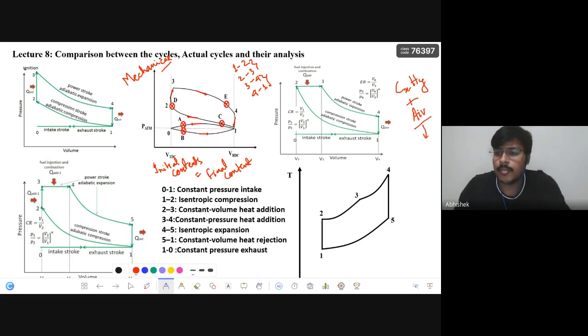When this is combusted, if there is complete combustion, there will be CO2 and H2O. But if there is incomplete combustion, we will encounter carbon monoxide, and some hydrogen, and if there is a rich mixture, then we will find oxygen. So the constituents have already changed. That is why we cannot take it as a mechanical cycle.